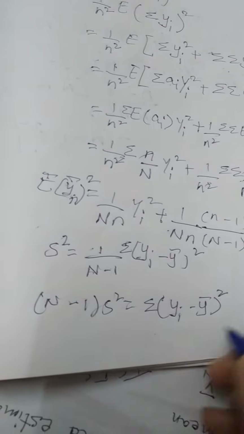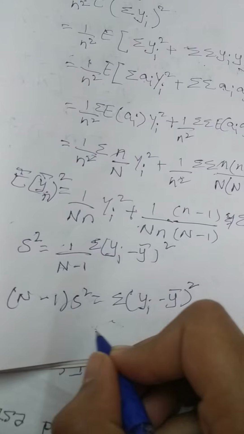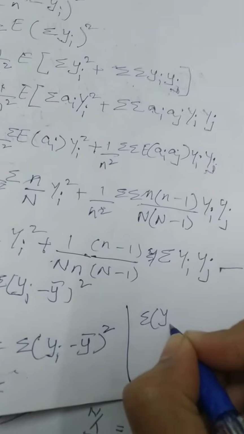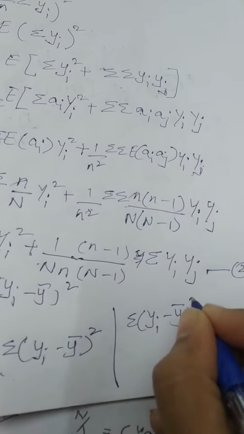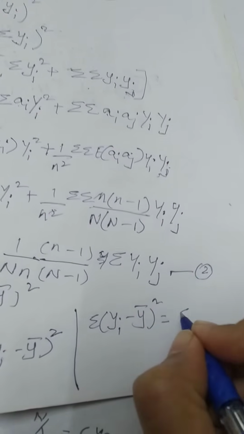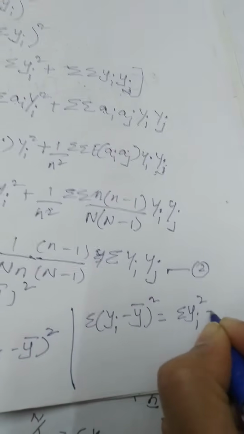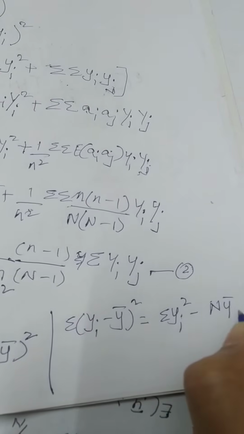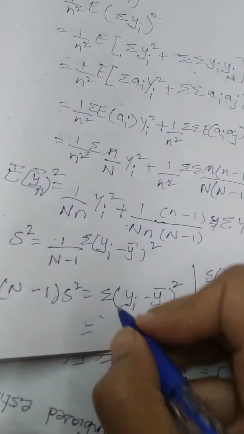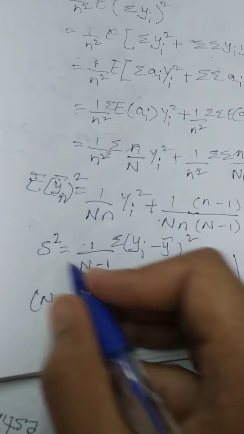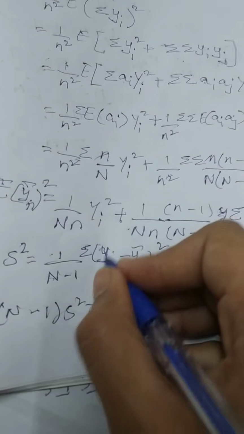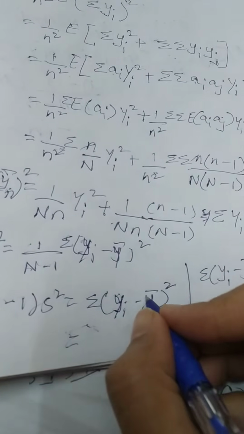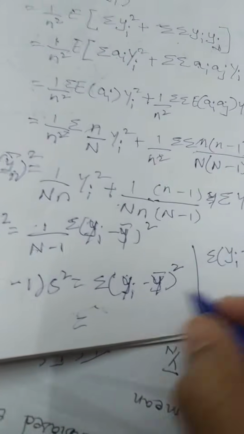And what is summation of Yi minus Y bar whole square equal to? It is summation of Yi square minus capital N Y bar n square. This is all, because we are doing capital S square, all this will be capital Y's only, students. Okay, this will be capital Y's only. If it is capital S, capital Y.